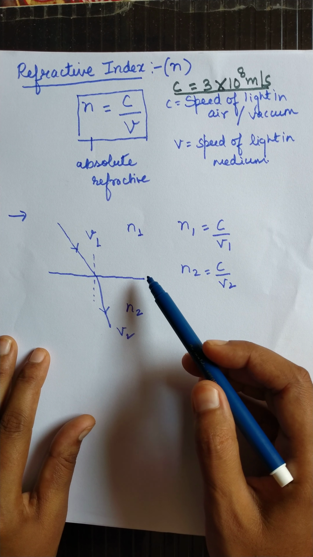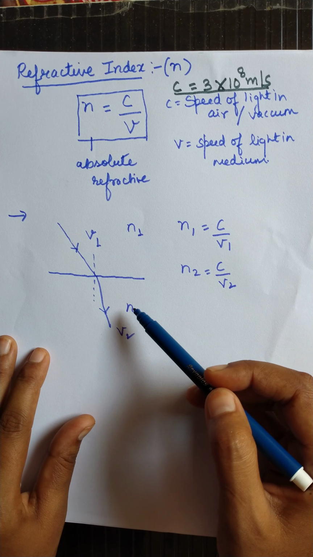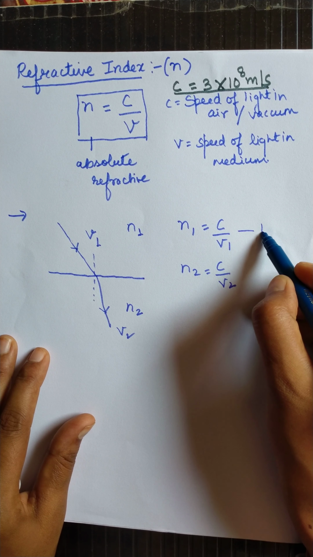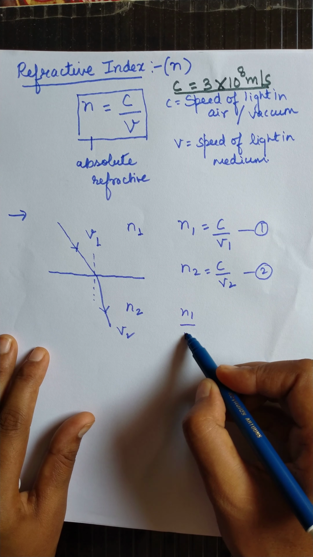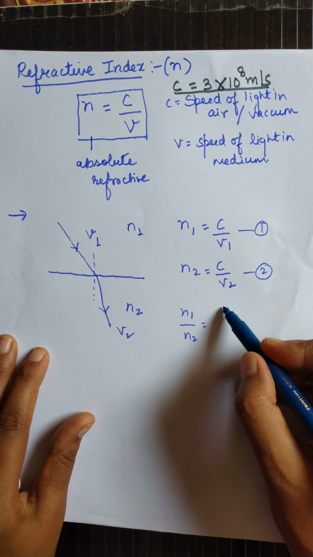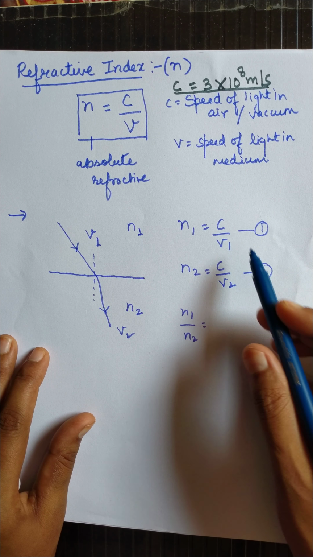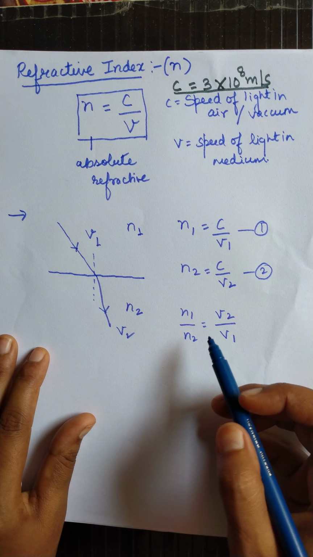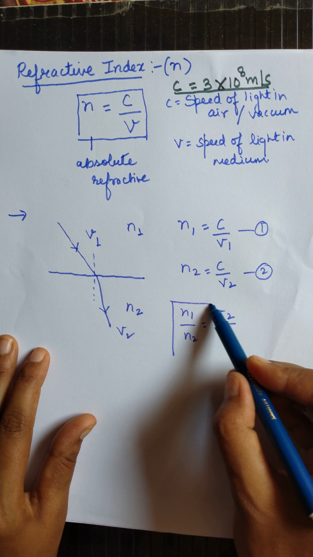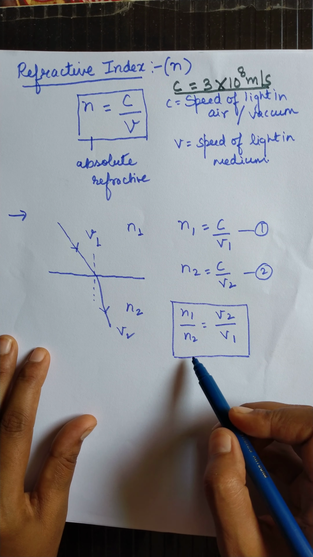Now if we compare both refractive indices, we can divide both equations: n1 upon n2 will be C upon v1 upon C upon v2. C and C get cancelled, and we get v2 upon v1. So we get the relation n1 upon n2 is equal to v2 upon v1.